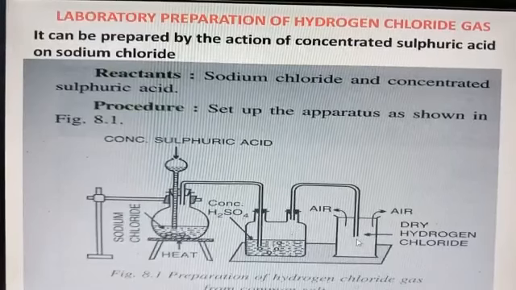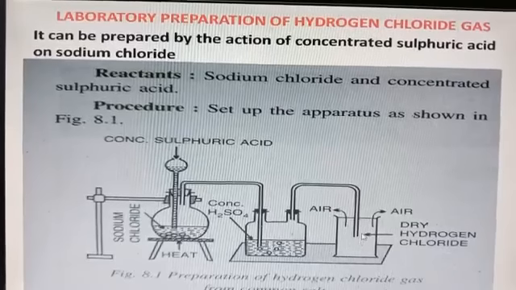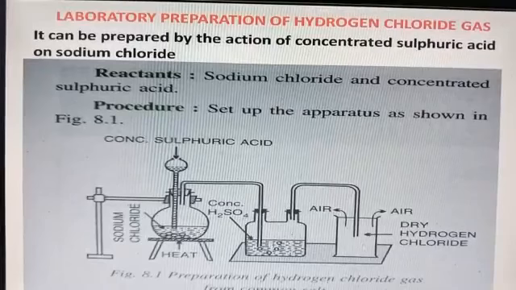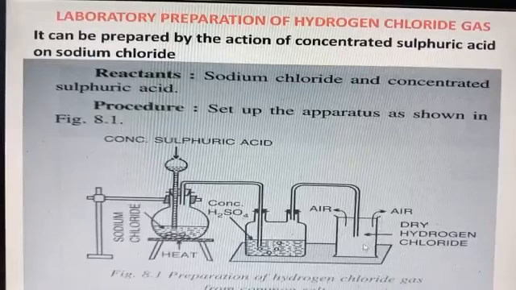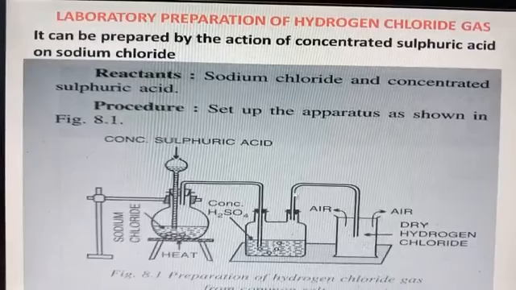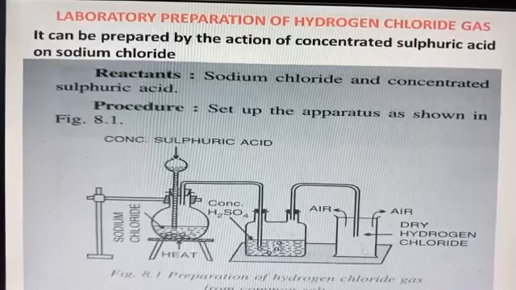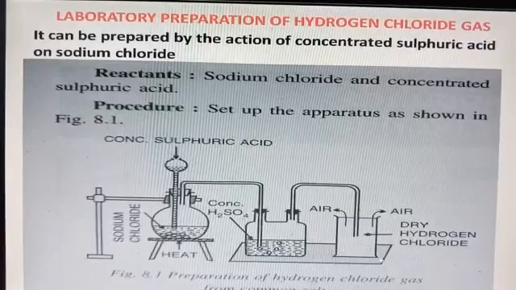Then how is it collected? By the upward displacement of air. First of all, you can see here this jar is empty, and all empty vessels are filled with air. Once this dry hydrogen chloride gas enters the jar, it occupies the lower portion of the jar.